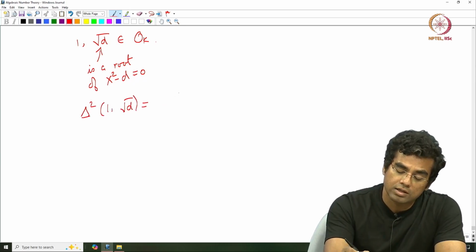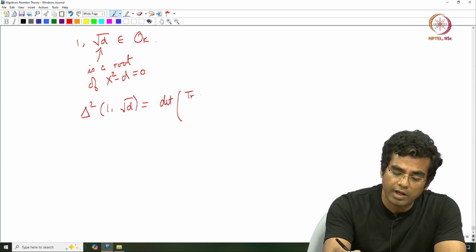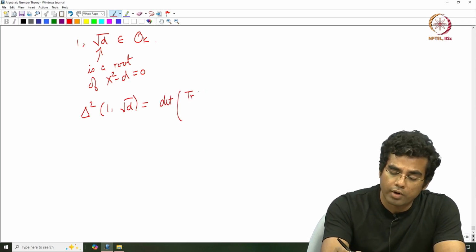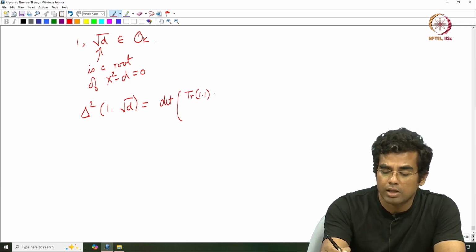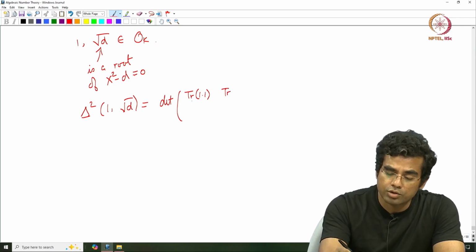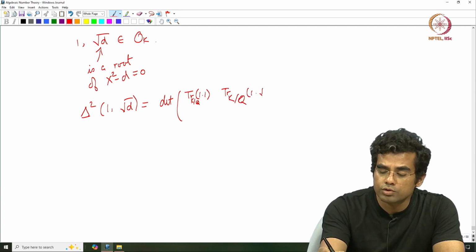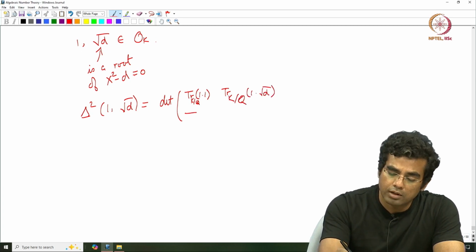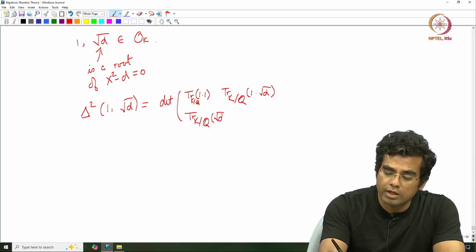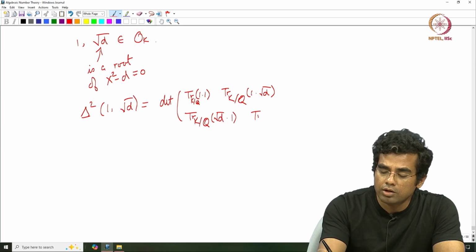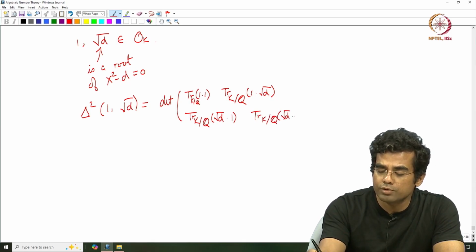So, what is this? This is the determinant of the matrix with entries trace from K to Q of 1 into 1, trace from K to Q of 1 into square root of d, trace from K to Q of square root of d times 1, trace from K to Q of square root of d times square root of d.